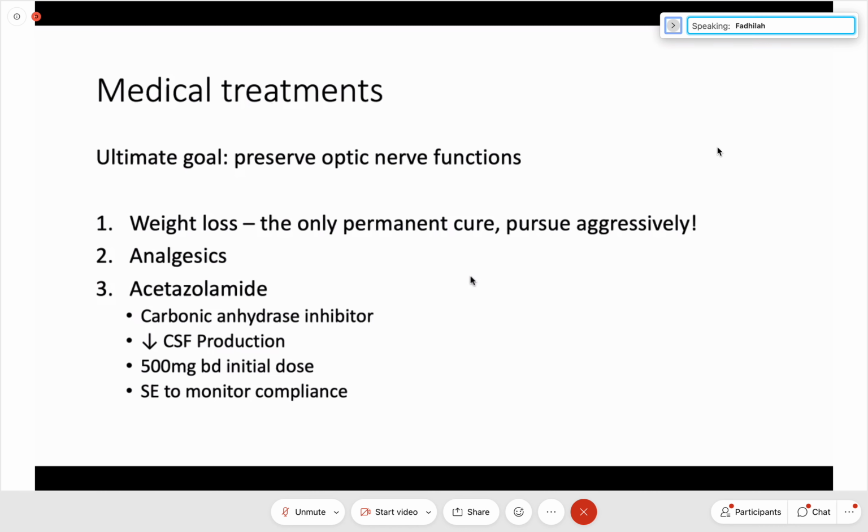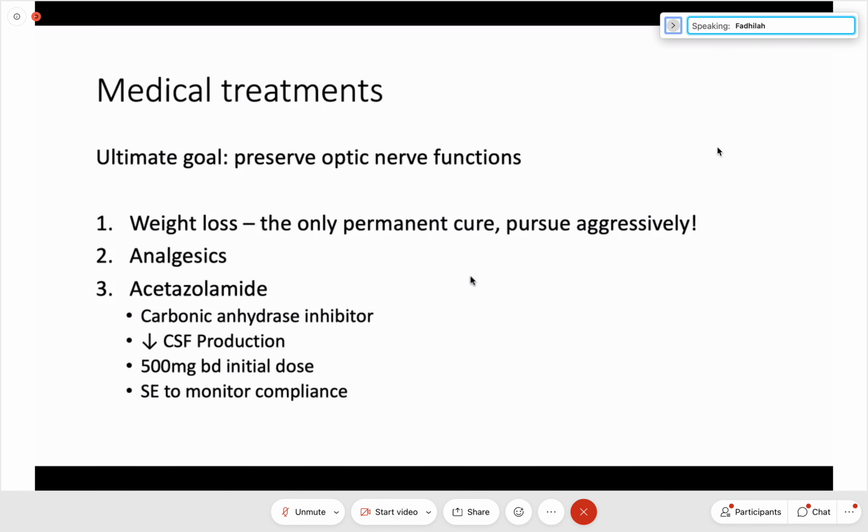Next, the star medication is of course acetazolamide. Diamox is a carbonic anhydrase inhibitor. It reduces CSF production, and the initial dose we usually start at is 500 milligrams BD, and then you titrate according to the symptoms and the swelling. But do not start it right after the lumbar puncture, because after the lumbar puncture, the CSF pressure would be low.